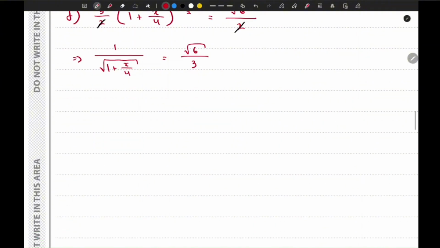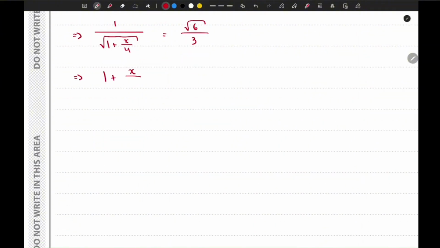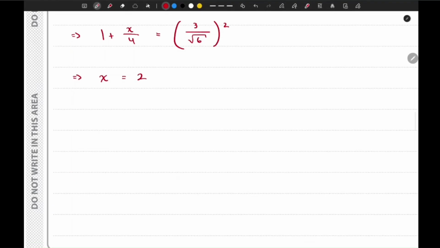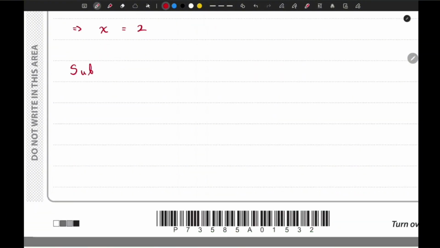So the value of 1 plus x divided by 4 is equal to 3 divided by root 6 whole squared. Now we just need to make x the subject. So the value of x is 2. We need to substitute this value of x into our expansion. So you need to write down that substituting x equals 2.